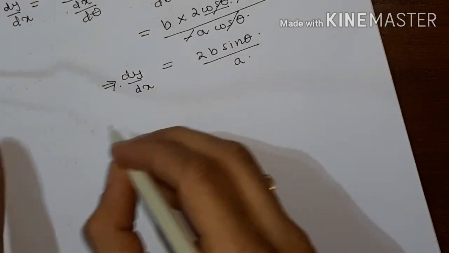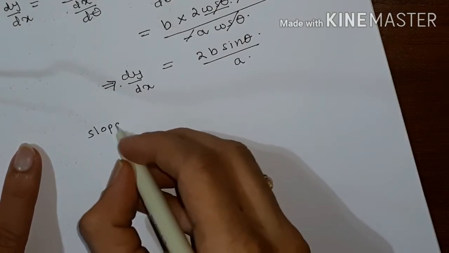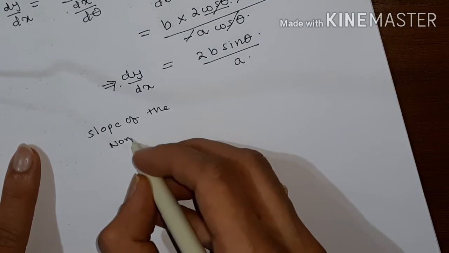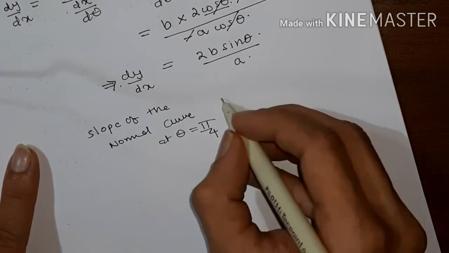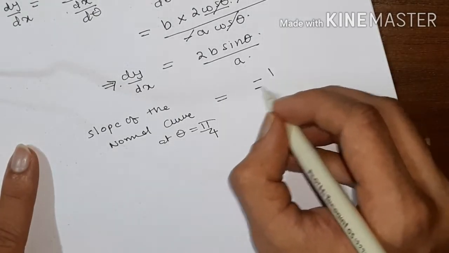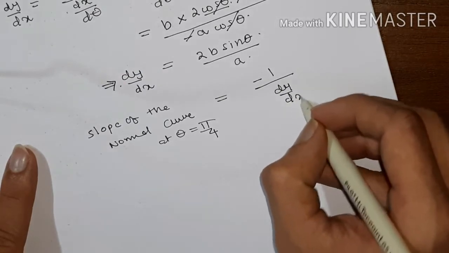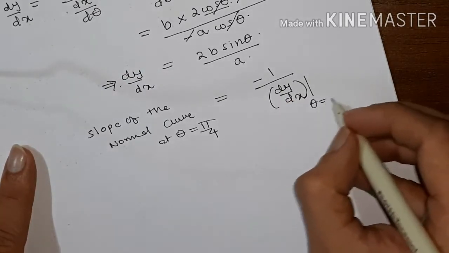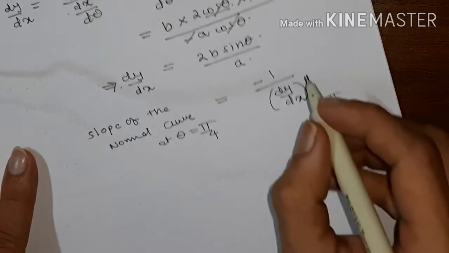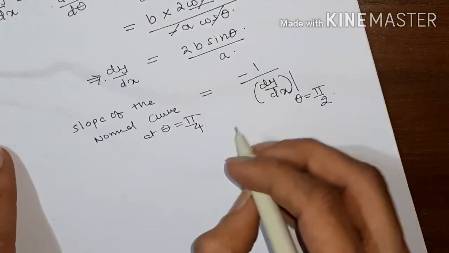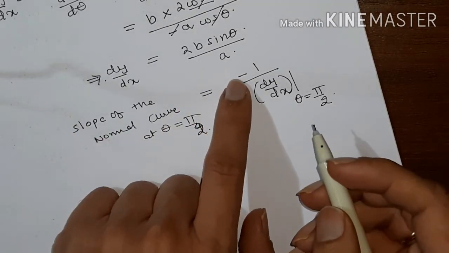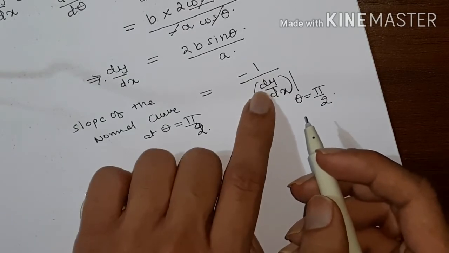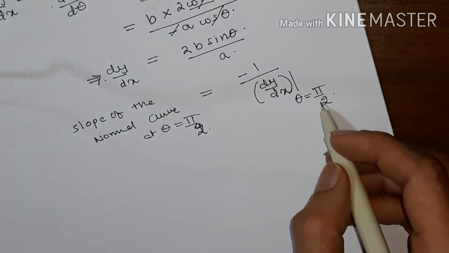Now directly we can find the slope of the normal to the curve from here. The slope of the normal to the curve at theta equal to pi by 2 is equal to minus 1 divided by dy by dx at the point theta equal to pi by 2. Sorry, the theta was given as pi by 2, so here it is pi by 2. So minus 1 divided by 2b sine theta divided by a, at theta equal to pi by 2.